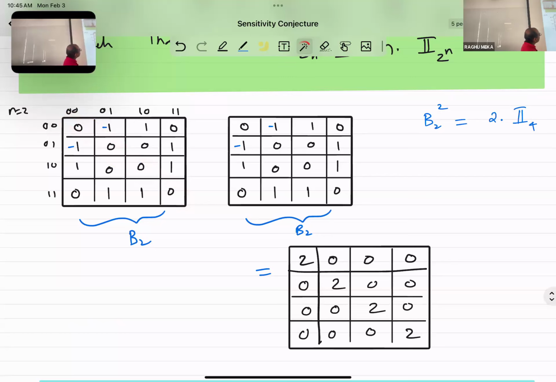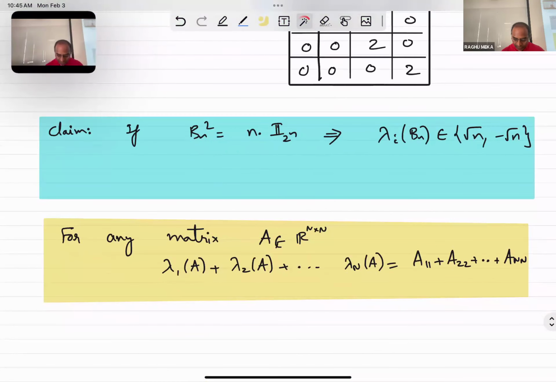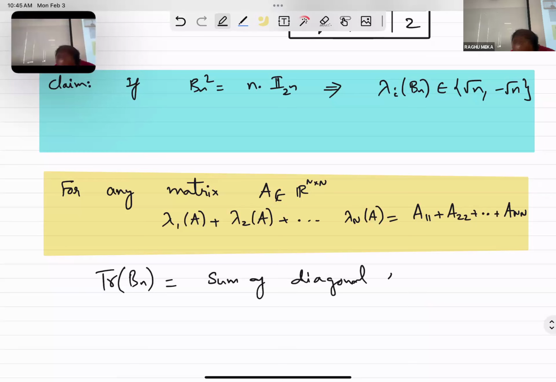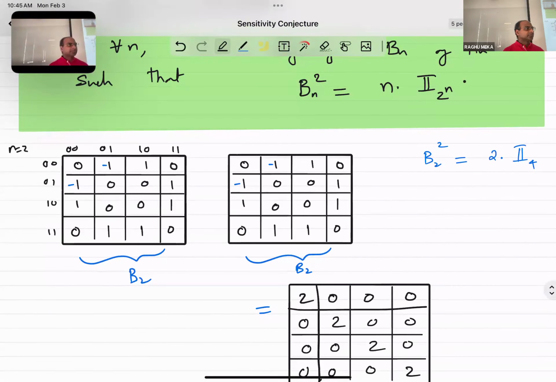So what does this mean? Well, the trace of Bn, which by definition is the sum of diagonal entries of Bn, equals what? It's going to be 0, right? Because the hypercube has no self loops.